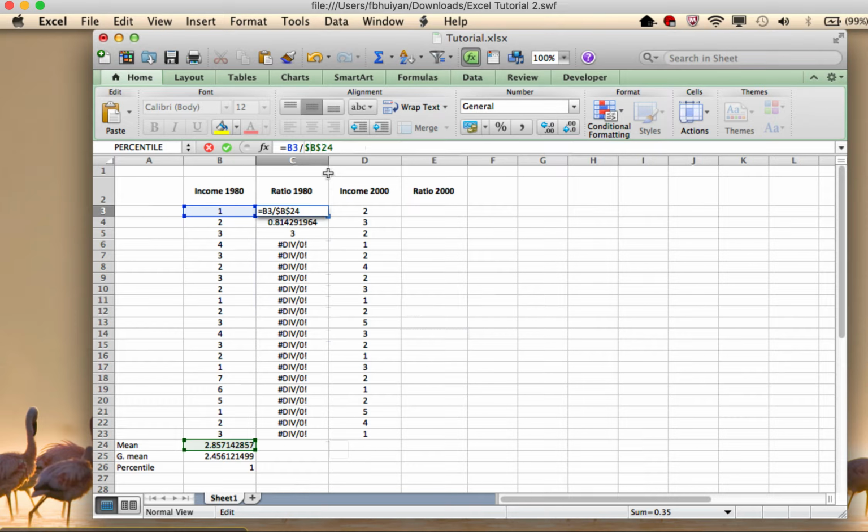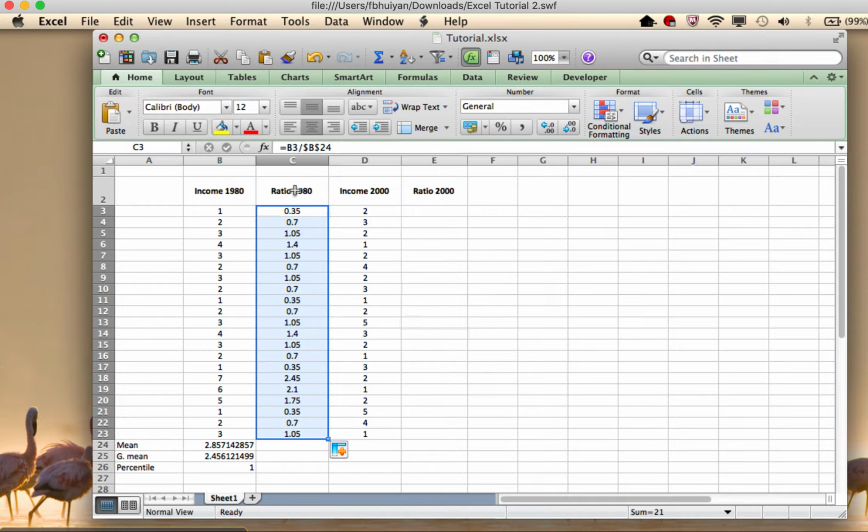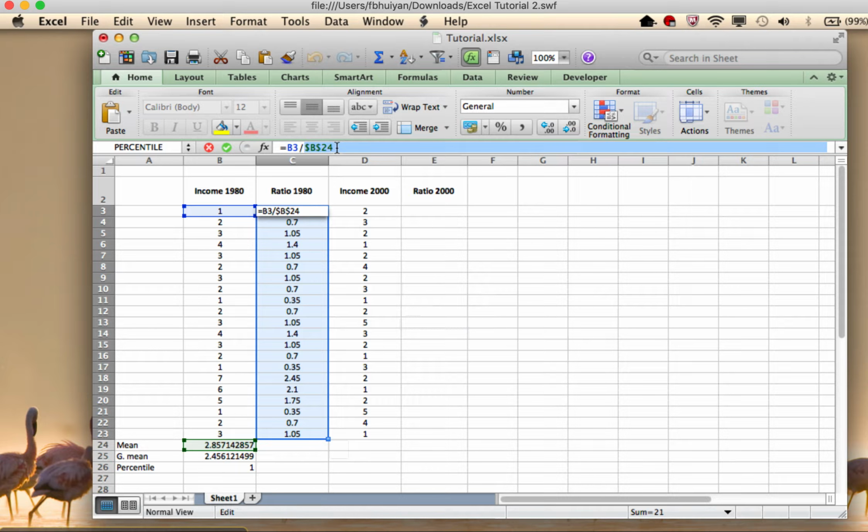So for this formula, take B3 and divide it by B24, nothing new. But when we pull on it, when we do a fill series, I want you not to change this 24 and this B. I don't want the formula to go ahead and increase the numbers here.